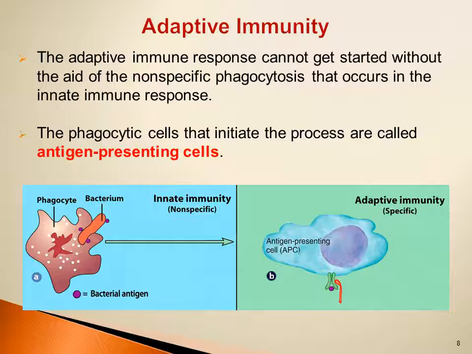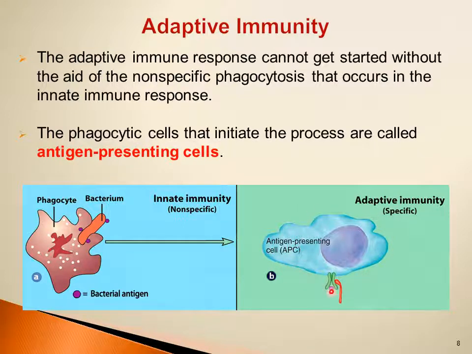So we need the phagocytes of the innate immune response to present the antigen to the cells of the adaptive immune response. Here, as you see, a bacterium with the epitopes or antigens will be engulfed by phagocytes, and then these phagocytes will present the bacterial antigen to the cells of the adaptive immune response. We call these cells the antigen presenting cells, the APCs.